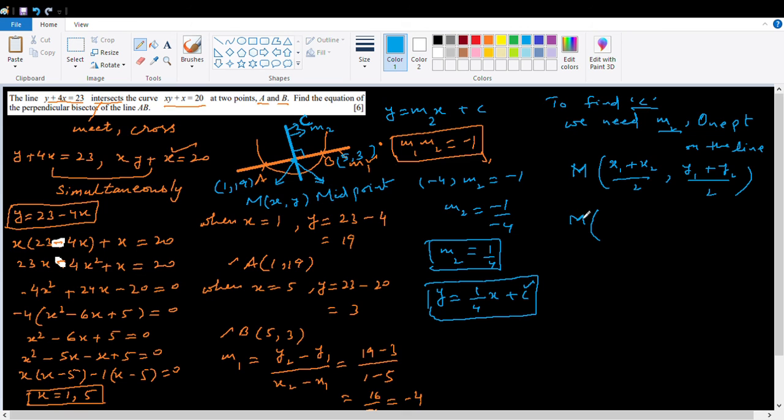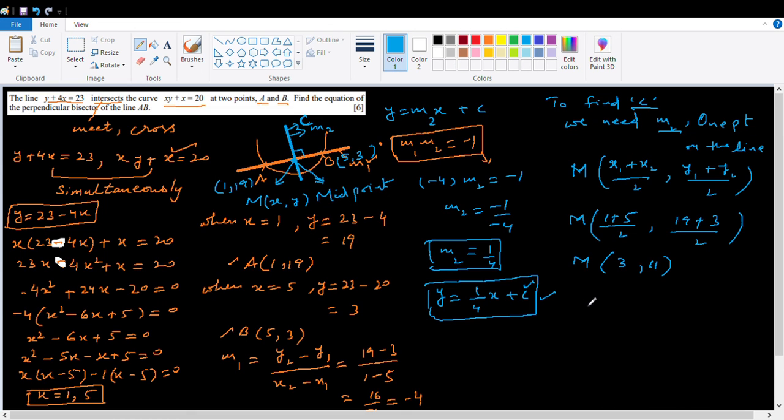So 1 plus 5 over 2 and 19 plus 3 over 2. So M will be equal to 6 over 2, that is 3, and 22 over 2, that is equal to 11.